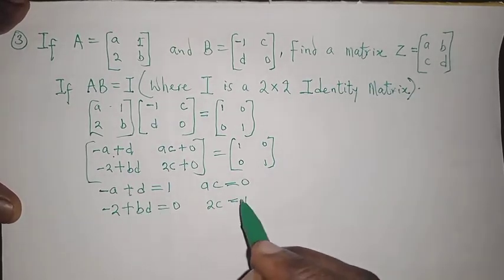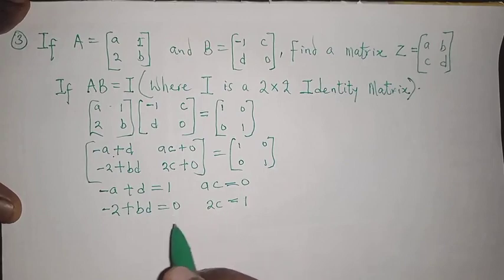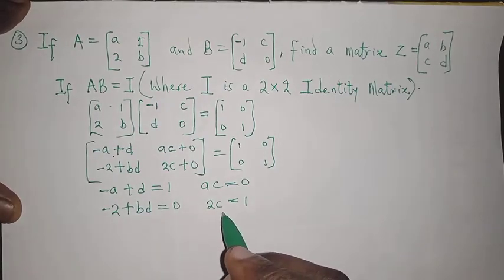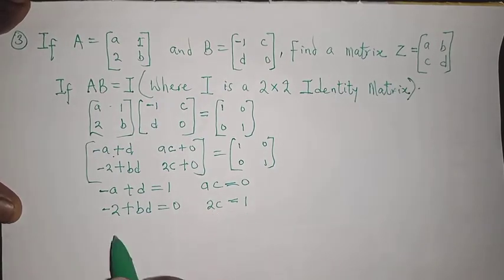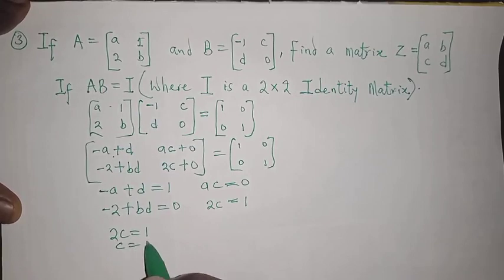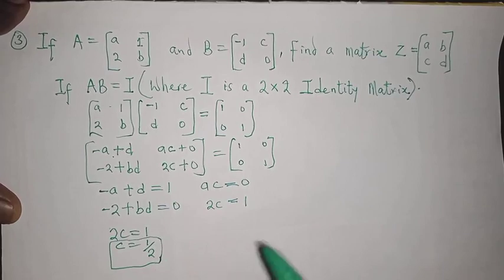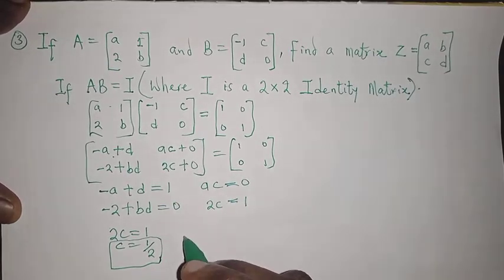So this is what we've got. Now I can quickly start looking out for the letters. From what we have, you can see that if 2C equals 1, it simply means that C equals 1 half, equals half, right? Okay, good. So since I've gotten my value for C, I can quickly get my value for A.